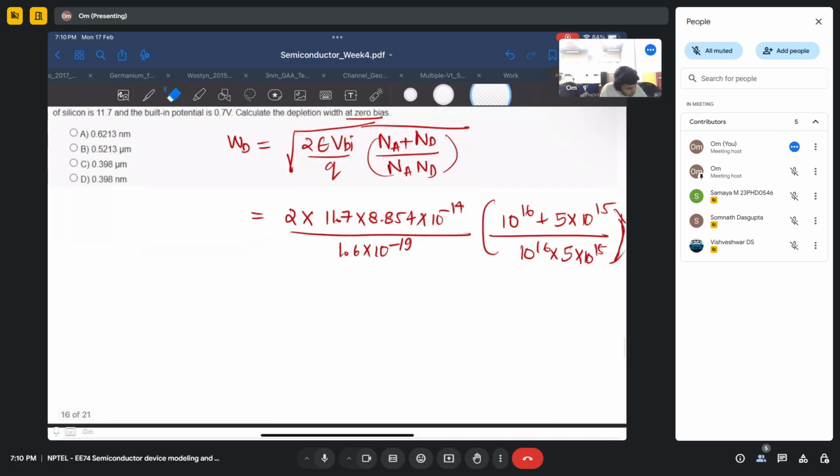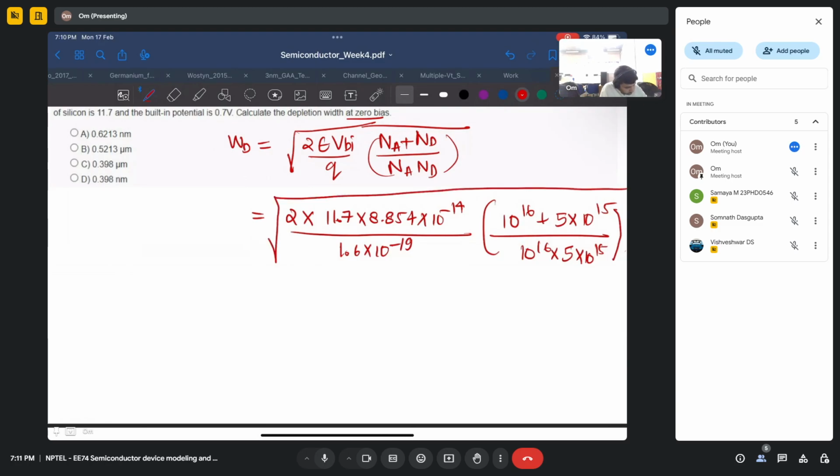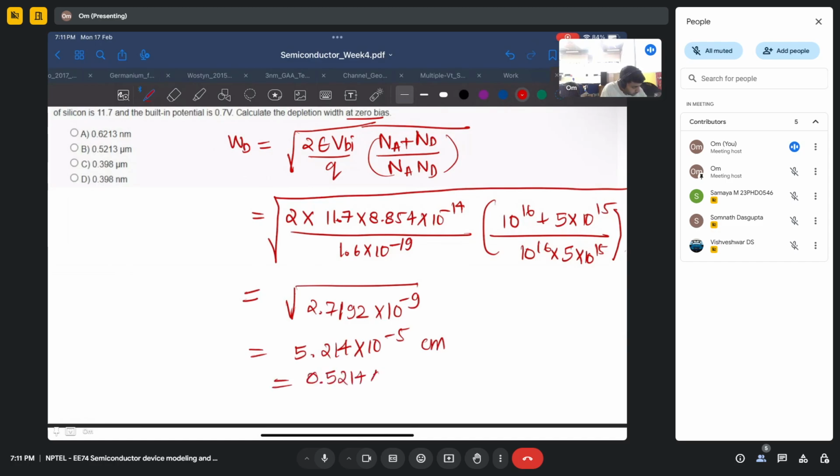Now we just need to do the calculations. We solve it, and it comes out to be under root 719 into 10 to the power minus 9, which is 5.214 into 10 to the power minus 5 centimeter, which is 0.5214 into 10 to the power minus 4 centimeter, which is 0.5214 micrometer.